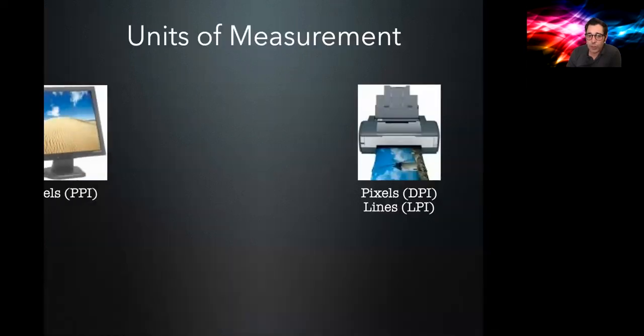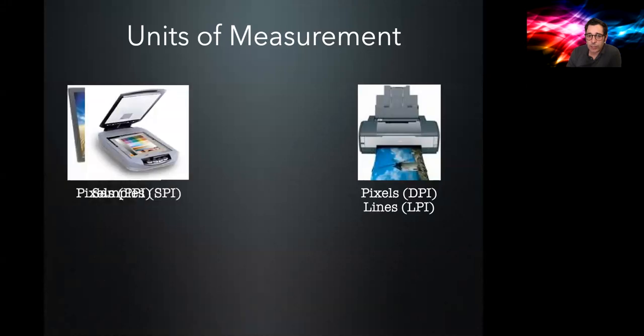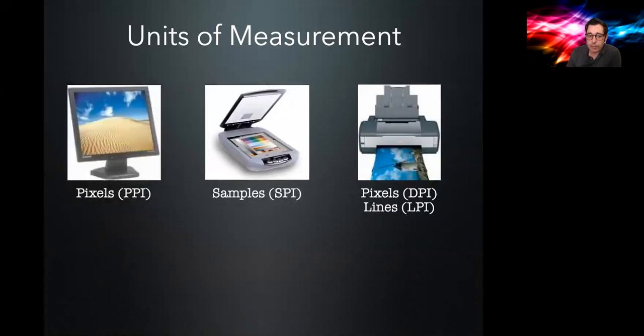Okay. We talked about this a little last week in terms of resolution. We have different units of measurement. We have PPI, which is pixels per inch. That's the unit that we use for screens. Samples per inch for scanners, and dots per inch for printers, or lines per inch.